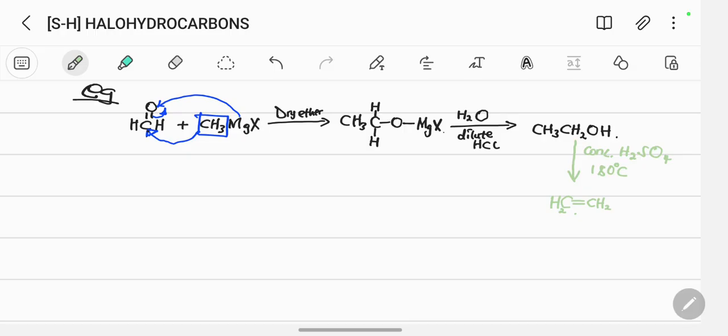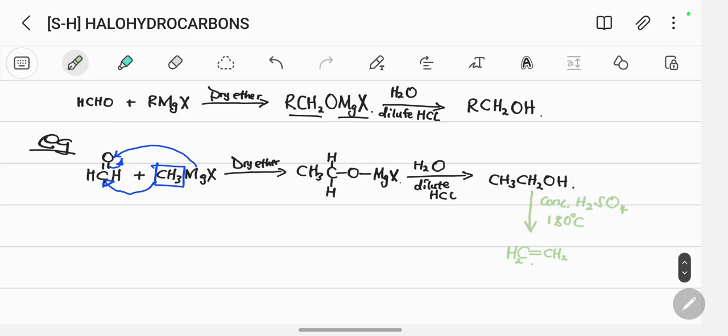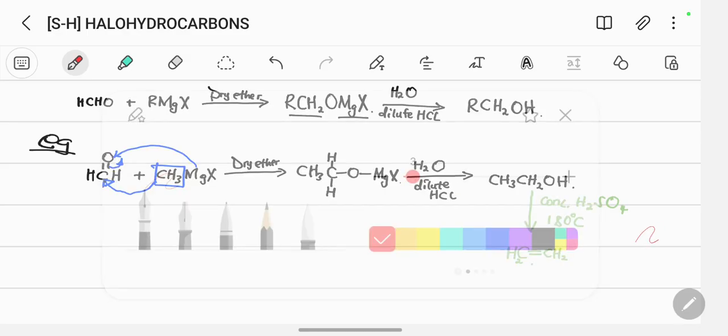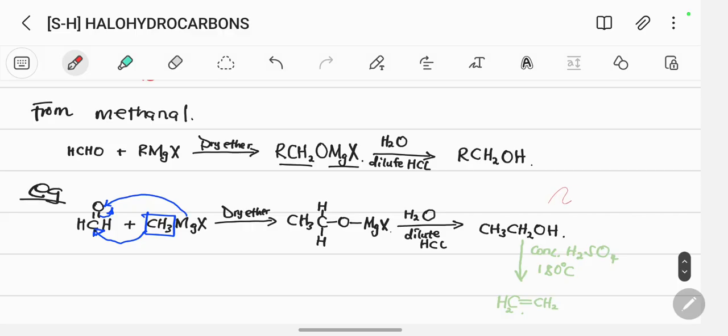Then I'm going to preparation of, we've seen that whatever we've prepared here is a primary alcohol.